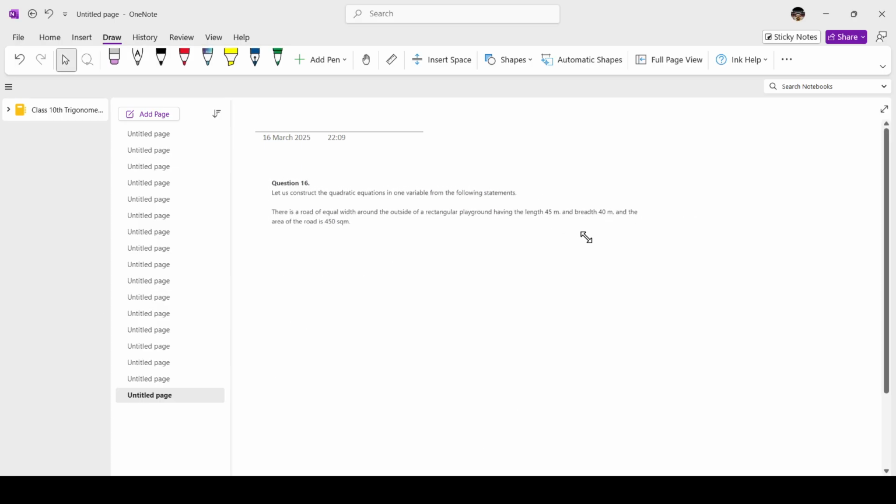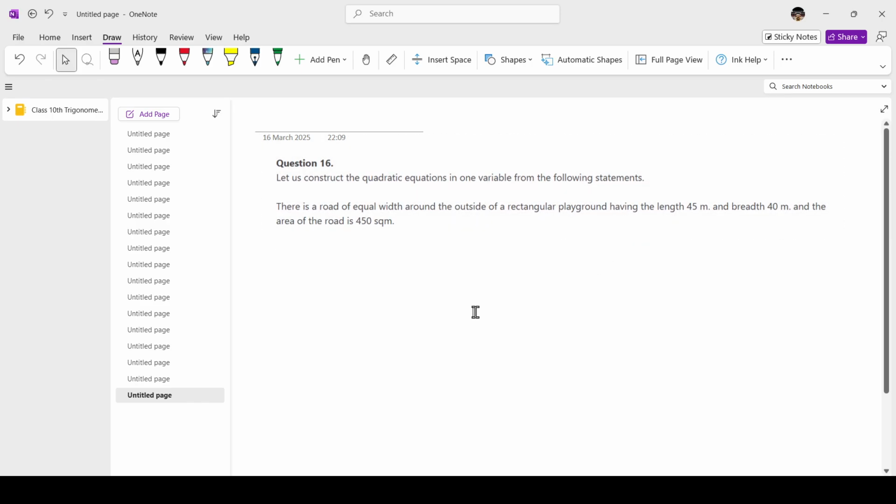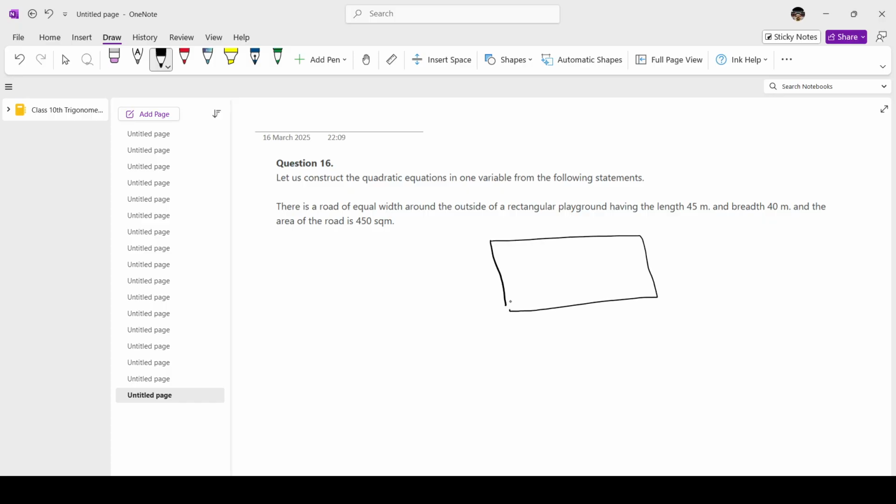Now for the last question of chapter 1.1, there is a border of equal width around the outside of a rectangular playground having length and breadth given, find the area. That means there is a playground like this, and there is an equal width all around.